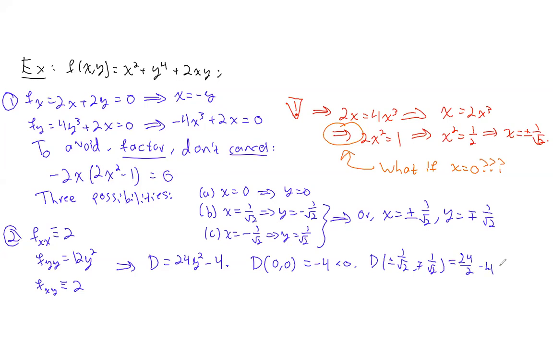I don't really care what that number is, by the way. It's positive. That's all that matters to me. Point is, that's a positive number. And because it's positive, we can now check fxx at plus or minus 1 over root 2, minus plus 1 over root 2. But it doesn't matter what that is because fxx is always 2, which is positive. So the upshot of all of this is that 0, 0 is a saddle.